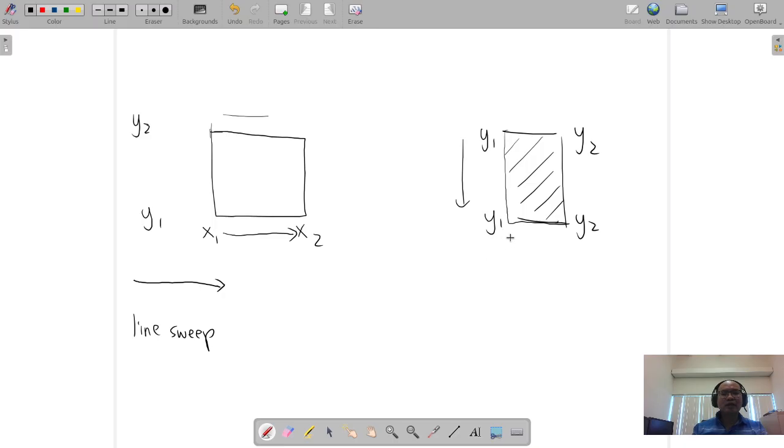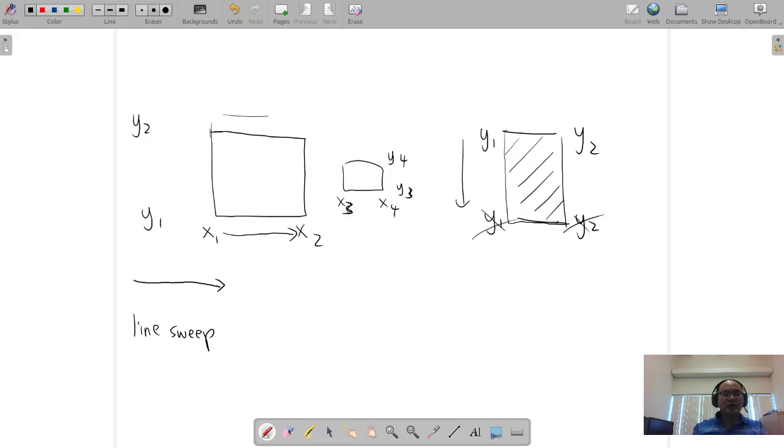But at the same time, we say, from now on, get rid of y1 and y2. We no longer have this little line that we have to worry about. So later on, we sweep and we see another rectangle like this, we will start from scratch. Okay?